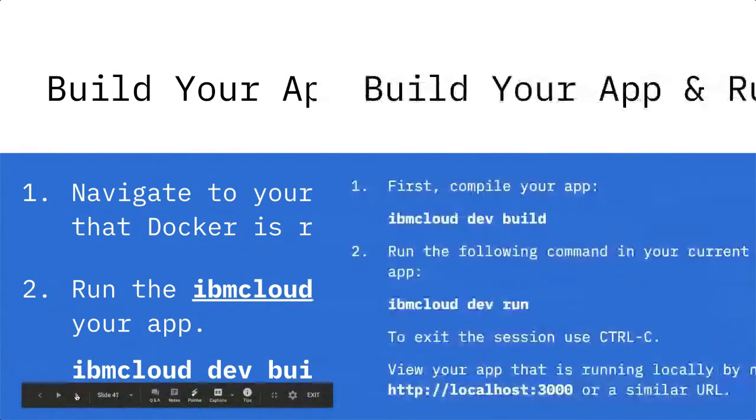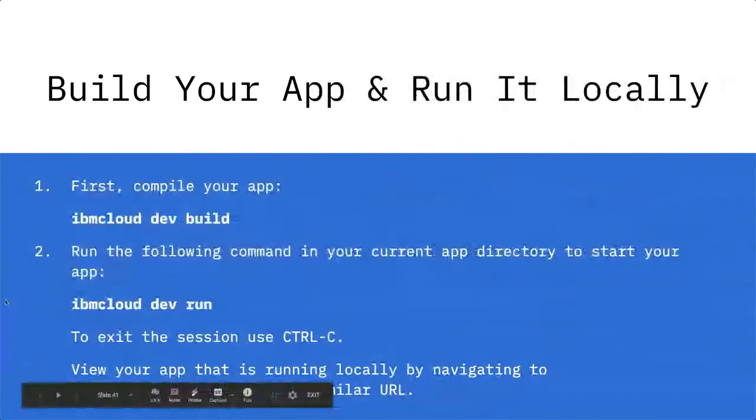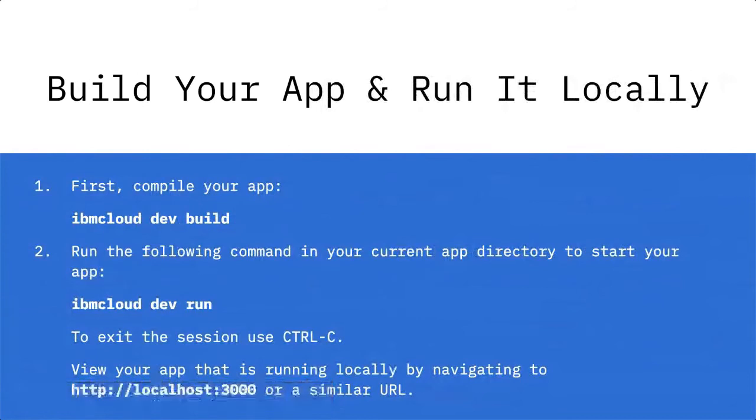So first, you're going to compile your application. IBM Cloud Dev Build is going to compile your application. Then you're going to run the following command in your current app directory to start your application. So then you're going to run IBM Cloud Dev Run. To exit the session, this is always a tricky thing.